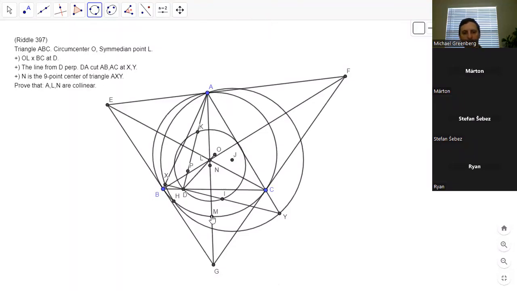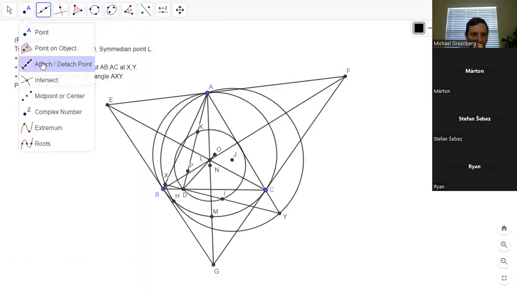We know it passes through M. I keep getting confused.